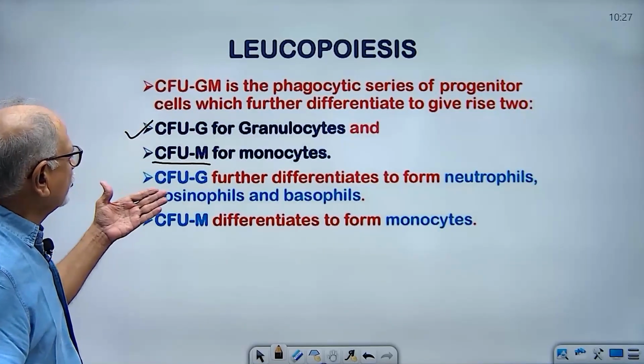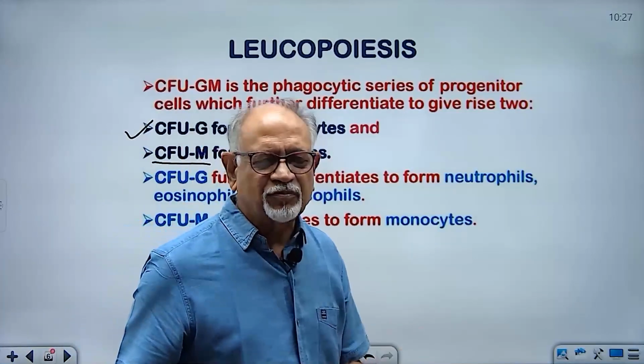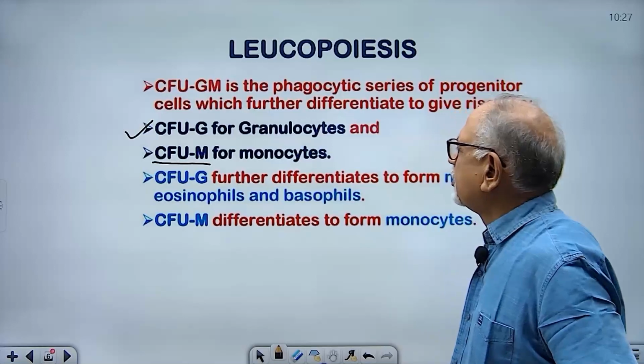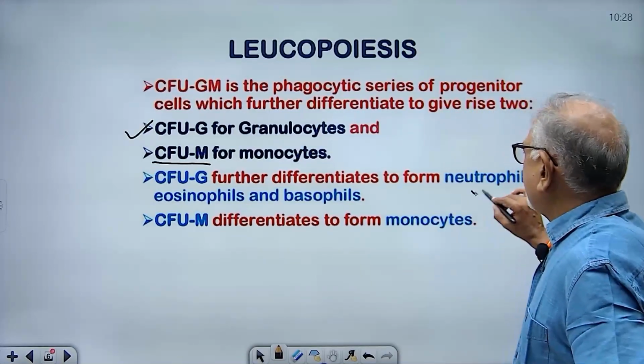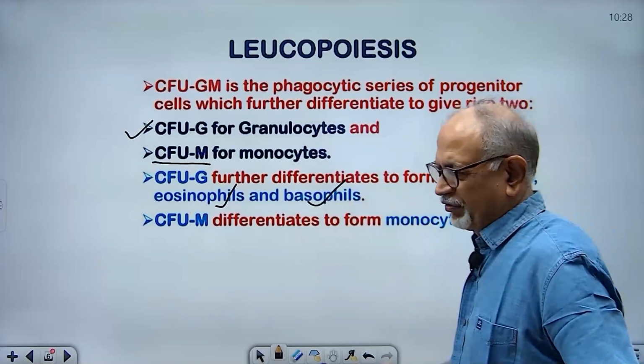CFUG further differentiates into three types of granulocytes, which are neutrophils, eosinophils, and basophils.